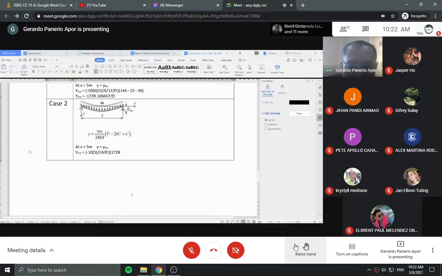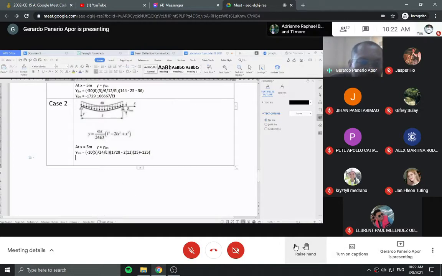So 12 cubed, that becomes 1728 minus 2 times 12, okay, that's 2L times 25. Then you will have plus x cubed. 5 times 5 times 5 is 125. Okay. So you will have here y5 meters is equal to, okay.